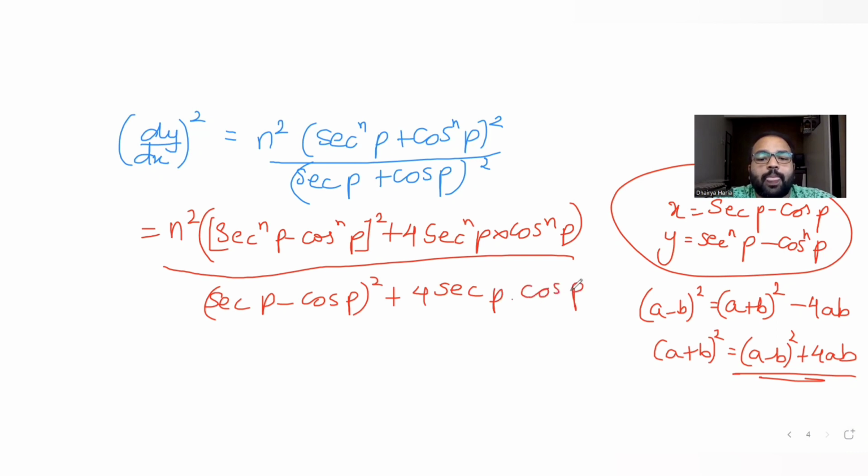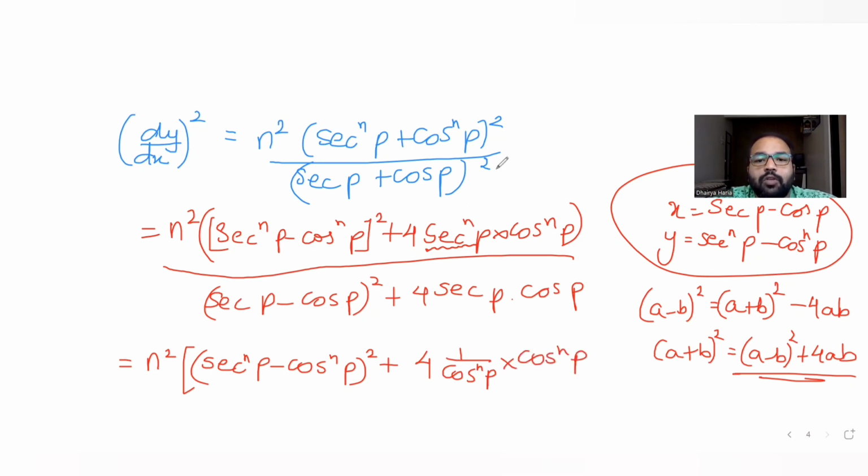So now here also, I can write sec theta as nothing but the inverse of cos theta. So I can write sec raised to np as 1 upon cos raised to np. Let's do that. So I'm left with n square times sec raised to np minus cos raised to np the whole square plus 4, where sec raised to np I can write as 1 upon cos raised to np into cos raised to np, so this becomes 1 because it gets cancelled.